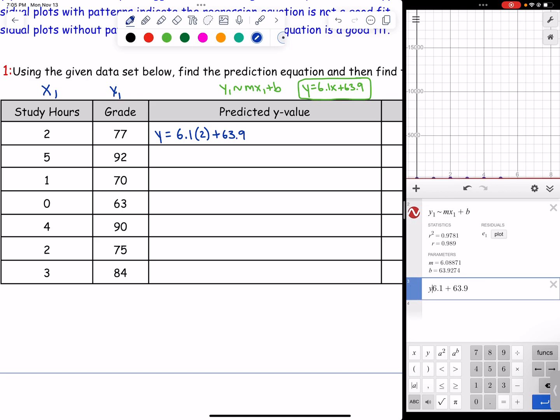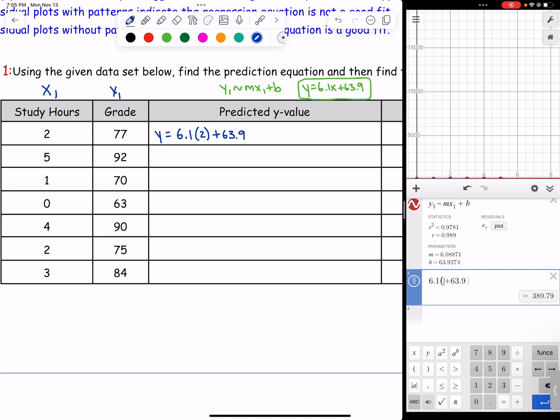And I'm going to actually take out the y equals. We don't need that right now. So I was going to pull up a table of values, which you can also do. But I'm just going to show you how I just plug in the 2. And I get y equals 76.1. Okay, so that's my predicted y value. But notice the actual value was 77, and they're not the same.